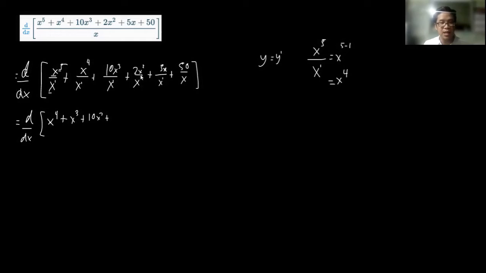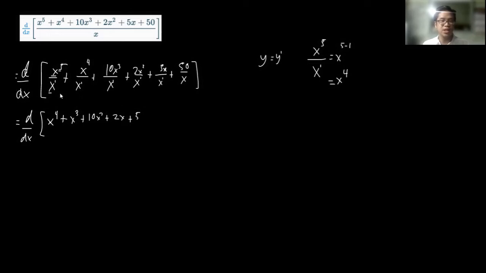So again, subtract the exponent below, which is the denominator, from the exponent above. So this is 2x. And here for this one, 5x over x, they're just the same. So if you subtract them, 1 minus 1 will be 0. Or if you cancel them both, you'll have 5. And that's it.